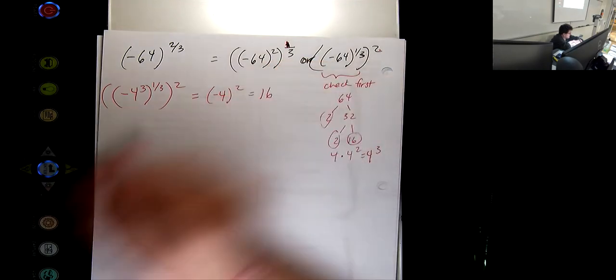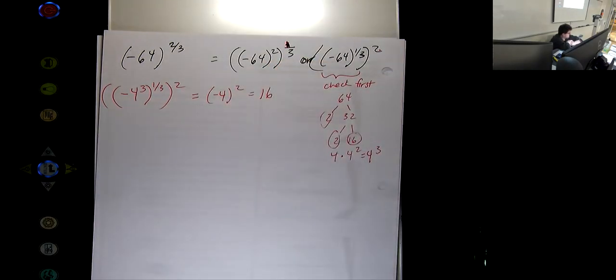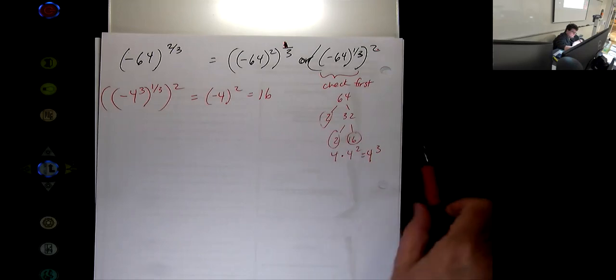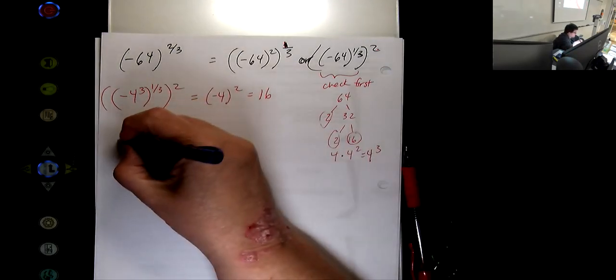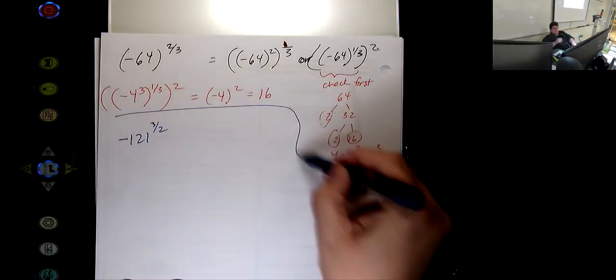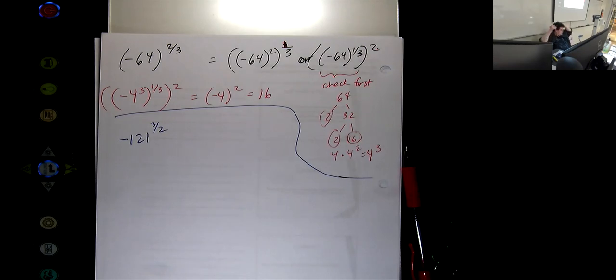And negative 4 squared is 16. Next problem. Go ahead and try your hand at that, and we'll do it together in a second.